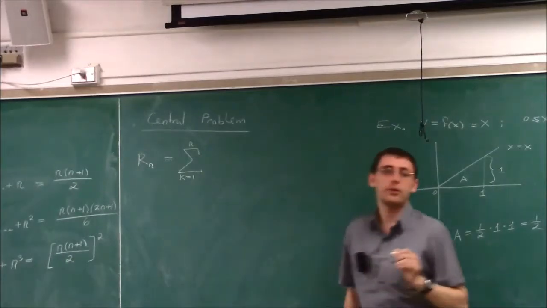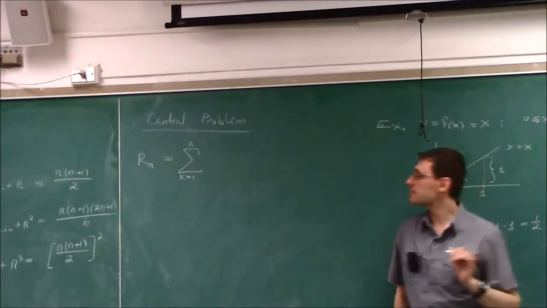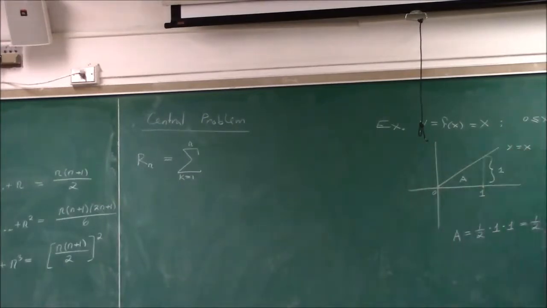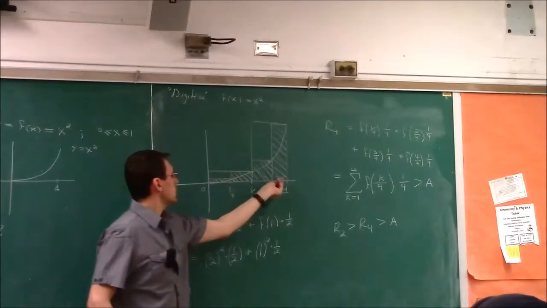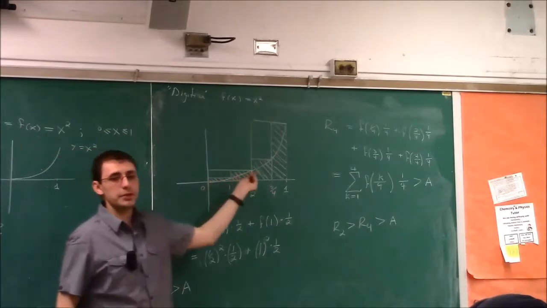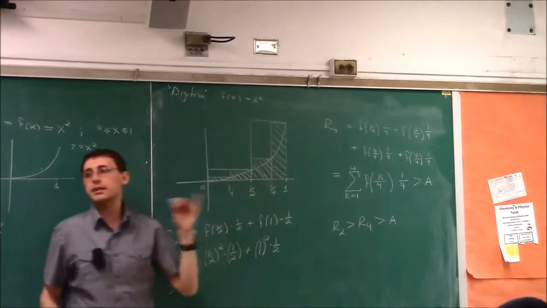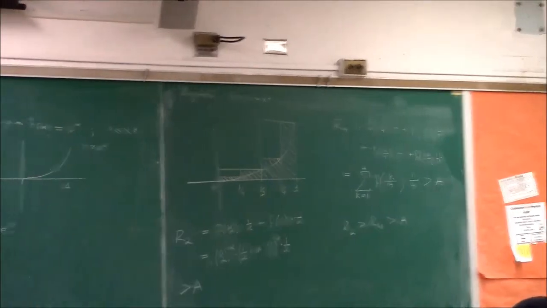What's the area of a particular rectangle? So first of all, if we approximate by n rectangles, what's the width of each rectangle? We take it, we divide it in exactly the same amount, so it's going to be 1 over n.